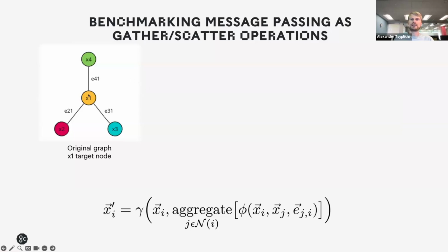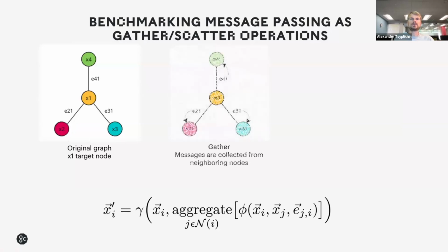And just as a quick recap, if you're given a graph with, say, 4 nodes and edges with some vectors associated with each node and each edge, then the message passing would first compute the messages given the embeddings for the nodes and the edges, as shown here, the phi function.